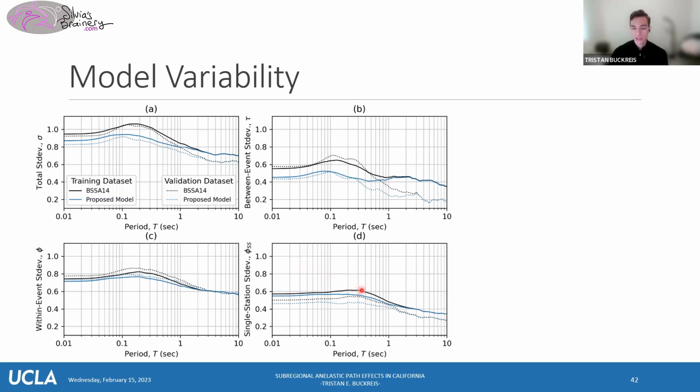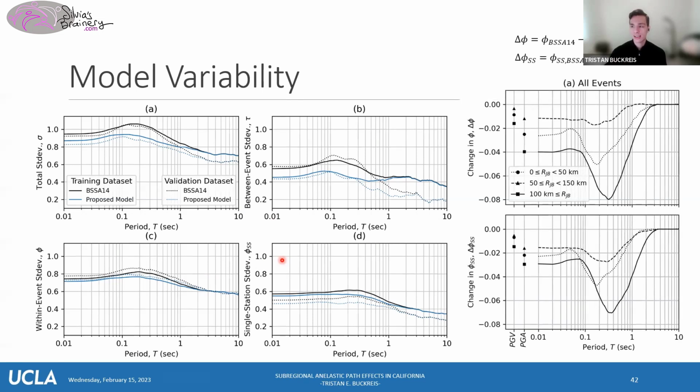Even though we see this reduction, it is offset by that increase that we saw on the previous slide. So because we have more accurate results, they're just as uncertain as they previously were. It's just that they're less biased. So we don't propose any adjustment model for the ground motion model uncertainty terms, because these uncertainties that we're calculating are consistent with what the NGA West 2 models had previously.